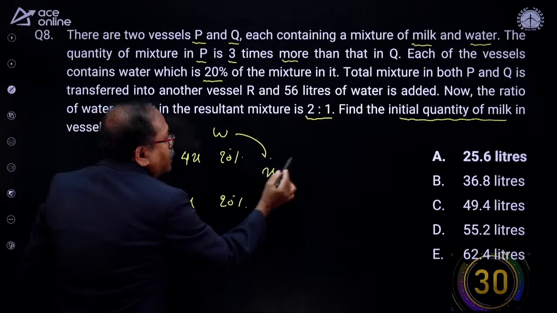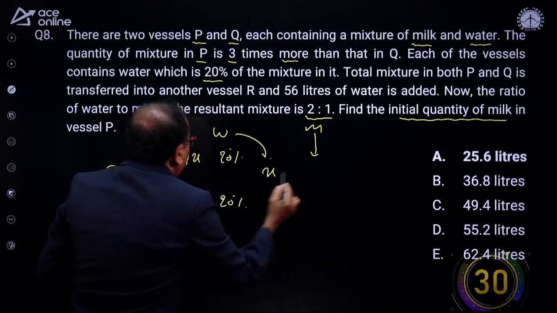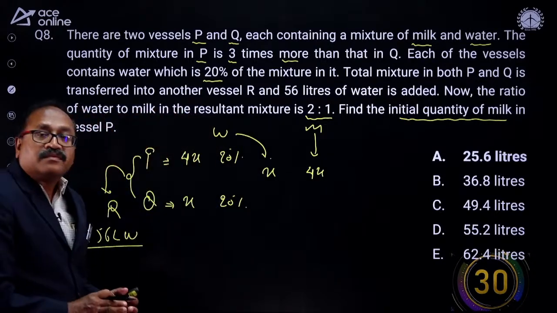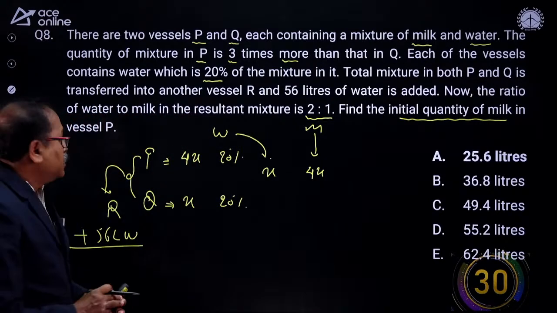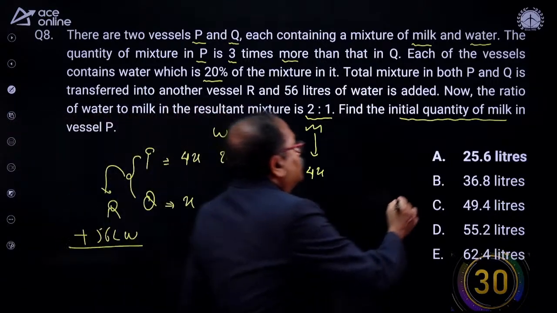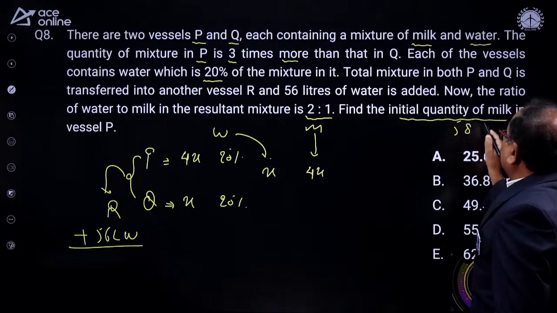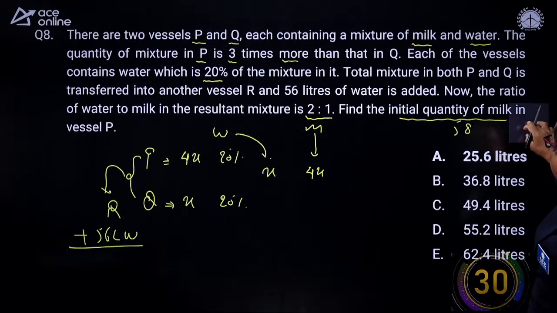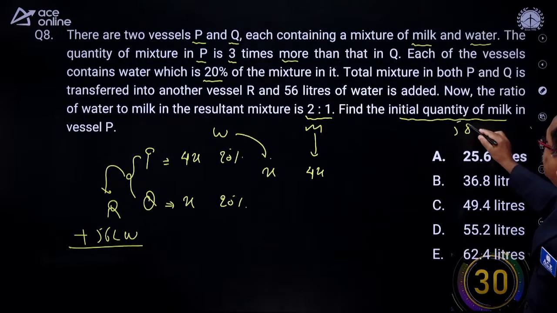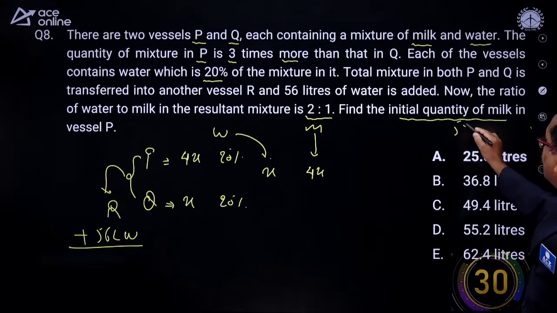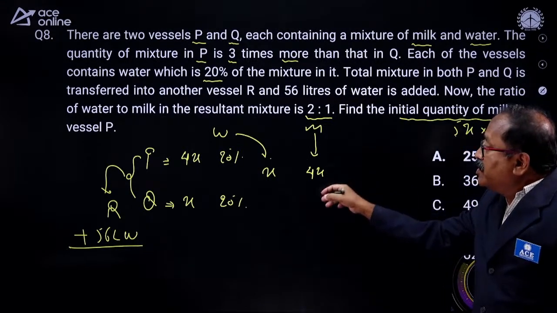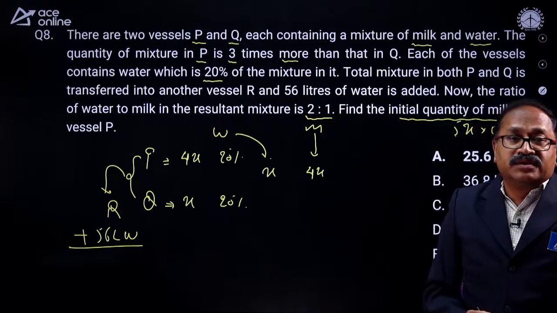This is water and the total milk out of total 5x will be 4x. 80% of 5x. अब देखिए 80% क्या होता है? 5x ले लेते हैं पहले. अब इसका 80% 0.8. So 0.8 times 5 is 4. So ये मिल्क हो गया 4x and the water is x.